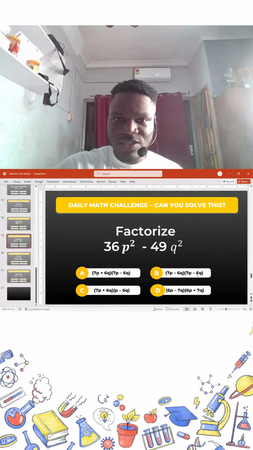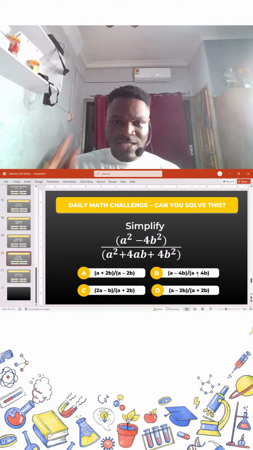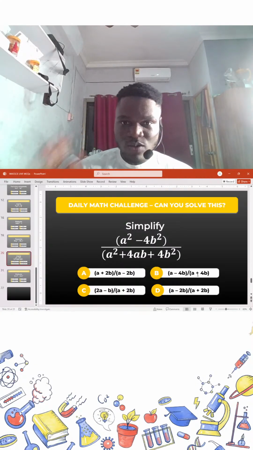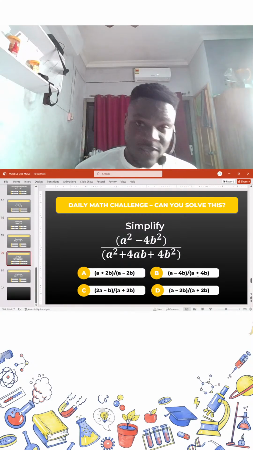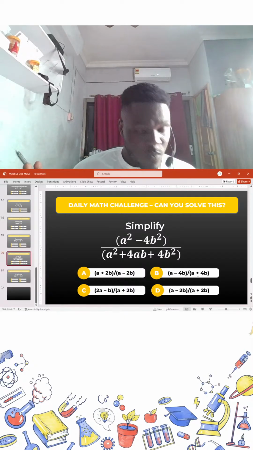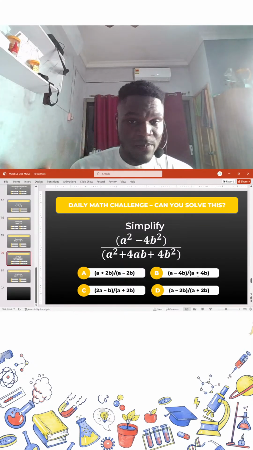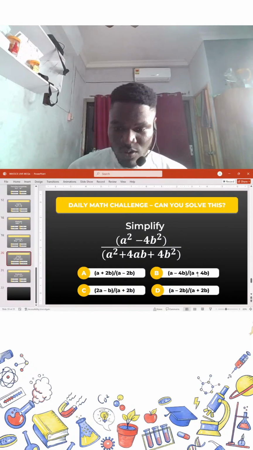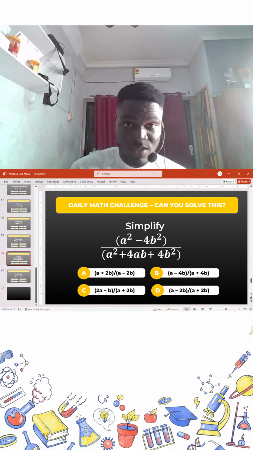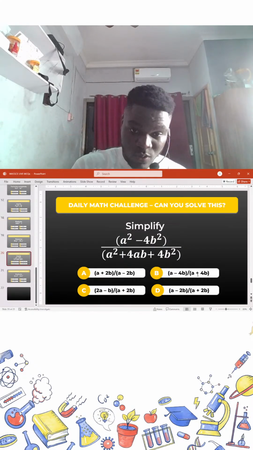Let's quickly wrap up today's stream. So this is the next question that we have. We have to simplify the expression a squared minus 4b squared all over a squared plus 4ab minus 4b squared. We are supposed to simplify this expression. Let's quickly find the solution to this problem. We have 2 minutes, and I'll also start now.